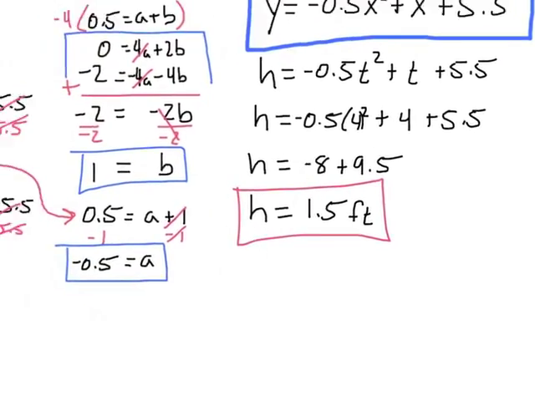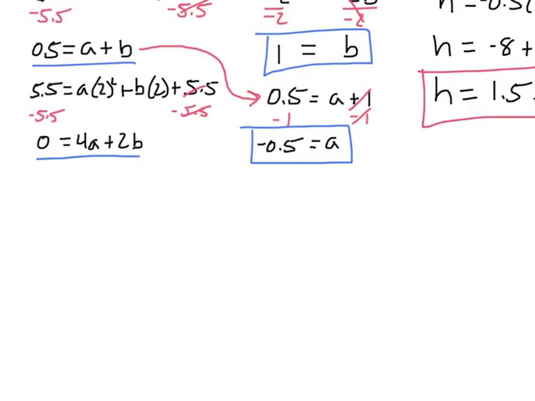Finding the vertex means we need to take x equals, or in this case, if t is our x coordinate, t equals negative b over 2a. That's how we find the x coordinate of our vertex.